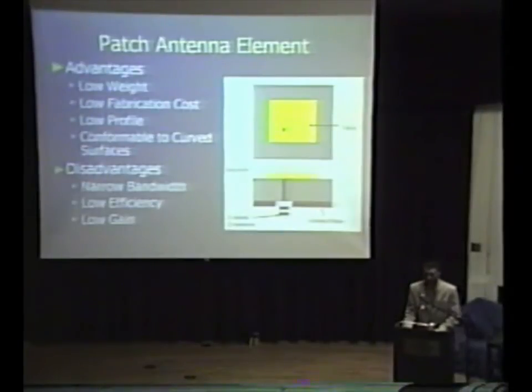The thickness of my antenna was approximately 6 hundredths of an inch. And they're also conformable to curved surfaces if you use a flexible dielectric material. Applications would be cell phone antennas, GPS, or you could conform the antenna to the surface of like a missile or something.